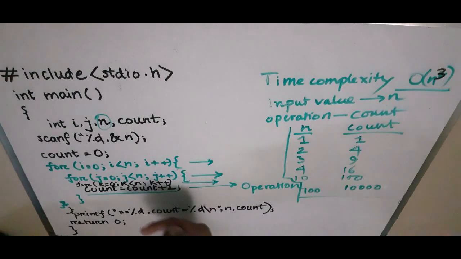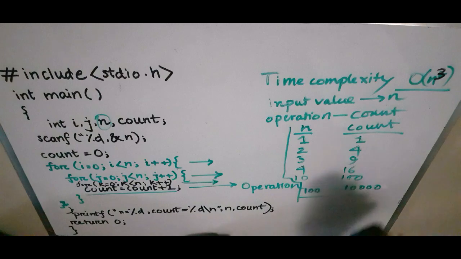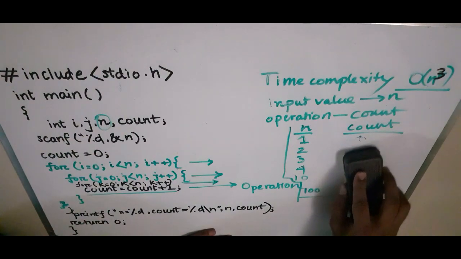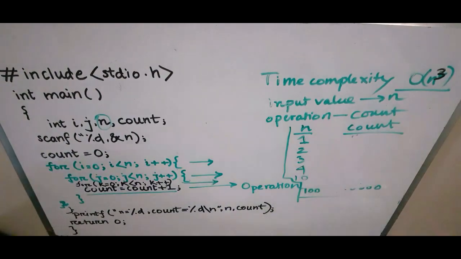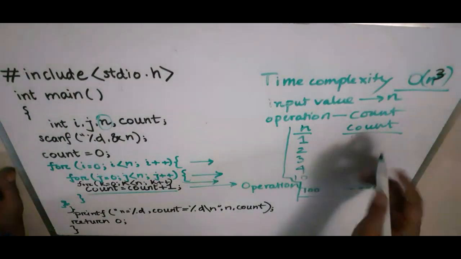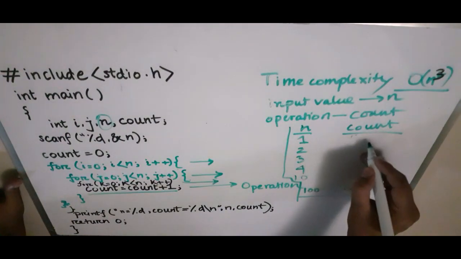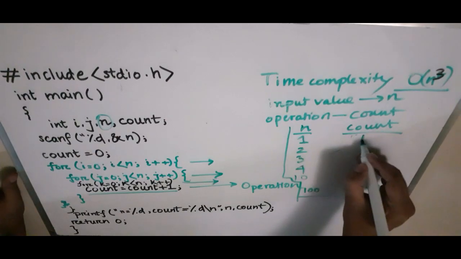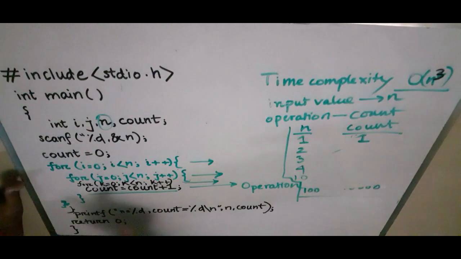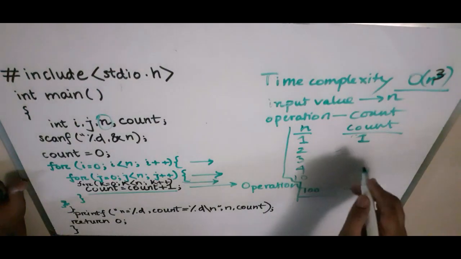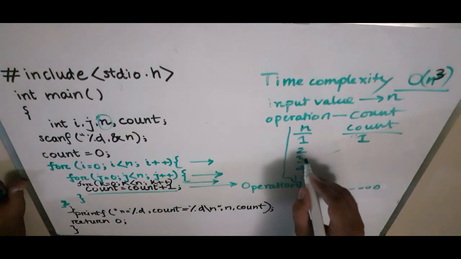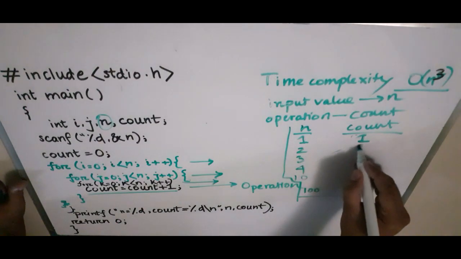As we have 3 nested loops, the count will vary accordingly. For your simplicity, I can simplify this a little bit. If we have n equal to 1, what will be the value of the count? It will be 1. This is our final answer, that's what we are interested in. If we have n equal to 2, we'll have 8.